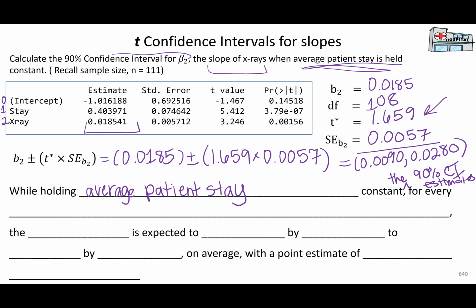So I have a positive value to a positive value, so both ends of this confidence interval indicate that we think that it's going to show an increase in infection risk.